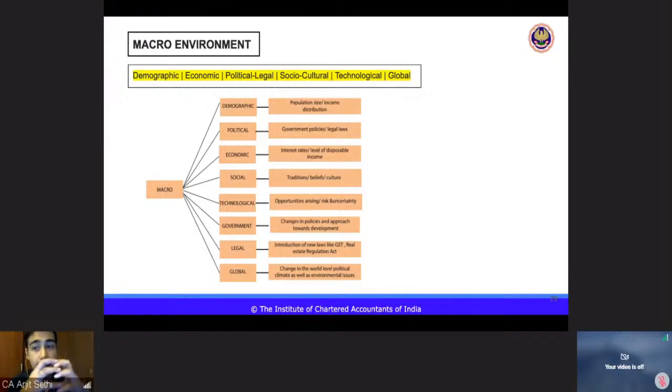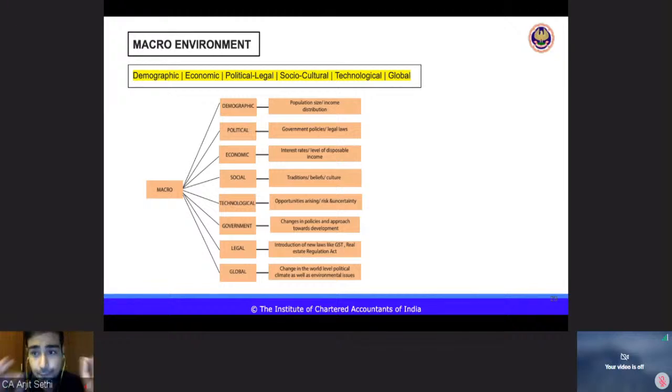Micro was very close to the business, which they can actually influence or manipulate. Now we'll talk about the macro environment, which is common to all the businesses and all the industries, and we will discuss how it actually affects a business's decision making, right?